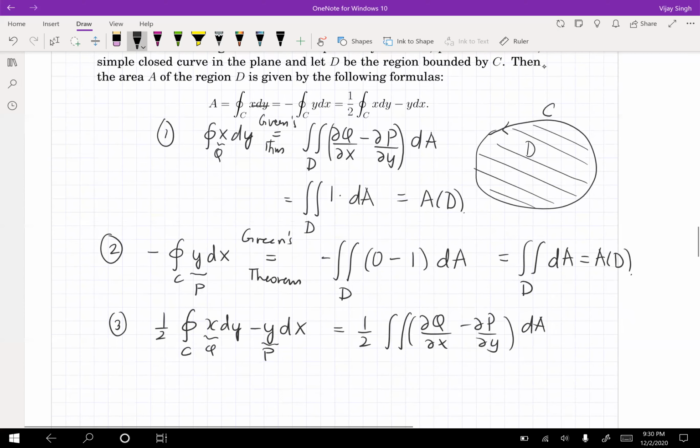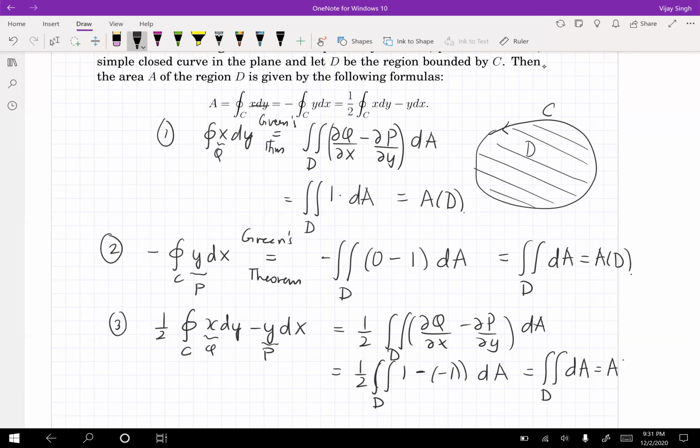And again, we get half over region D. Dou q by dou x is going to be 1. Dou p by dou y is minus 1, so minus of minus 1 dA, which is again going to be the integral, which is A of D.